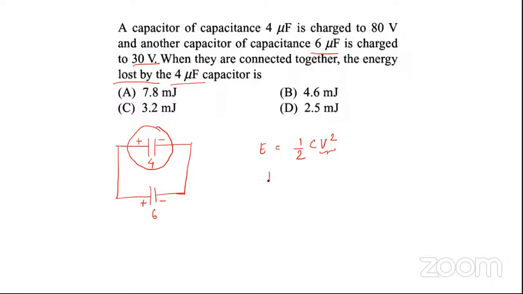We want to find the final potential of this arrangement. So, how do we find that? The resultant potential is calculated as C1 V1 plus C2 V2 upon C1 plus C2. Alright, इसकी वैल्यू क्या आ जाएगी?